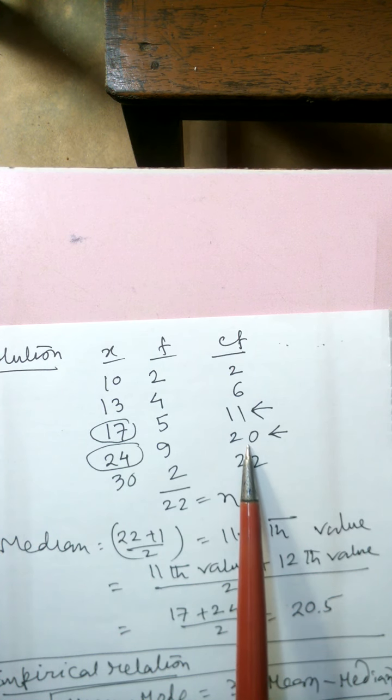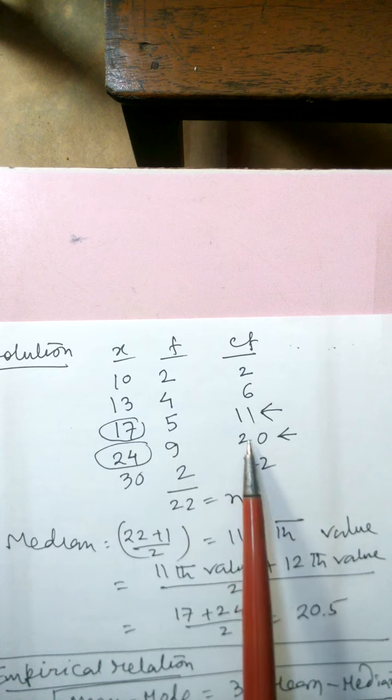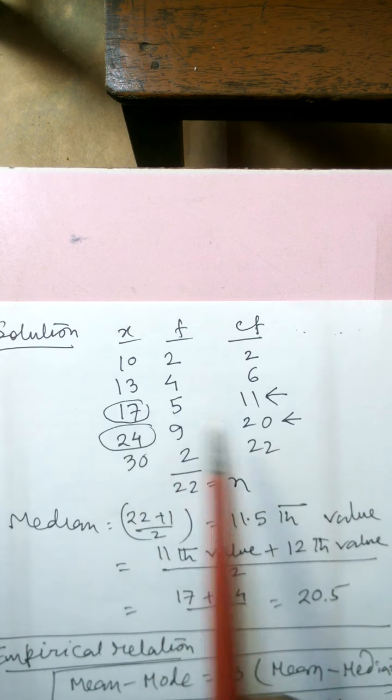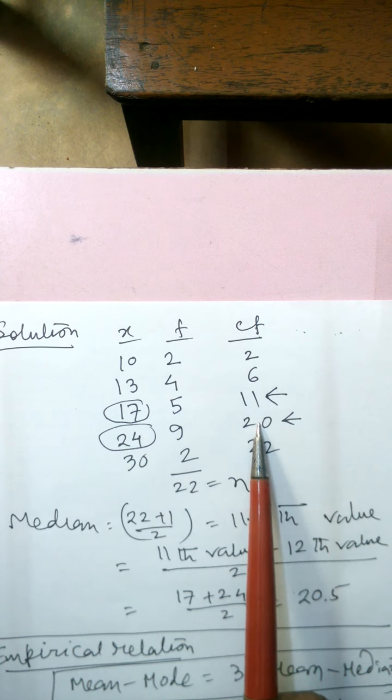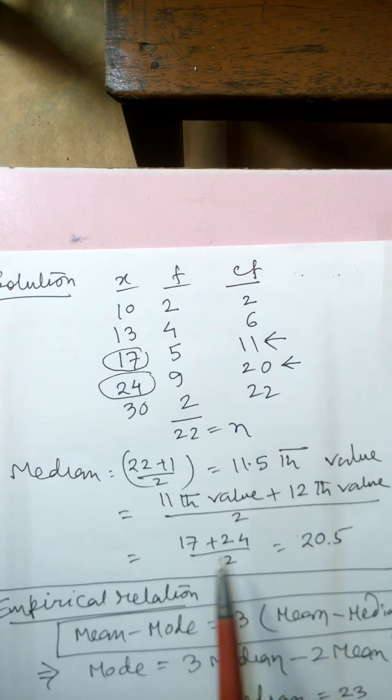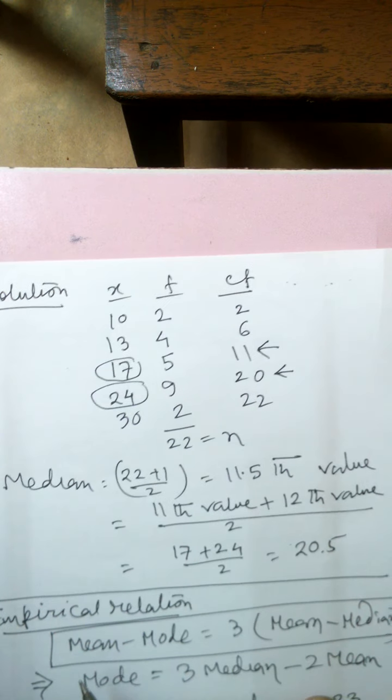The 12th value is in the next cumulative frequency, that is 24. So the 11th value corresponds to 17, and the 12th value corresponds to 24. So our answer will be (17 plus 24) by 2, that is 20.5.